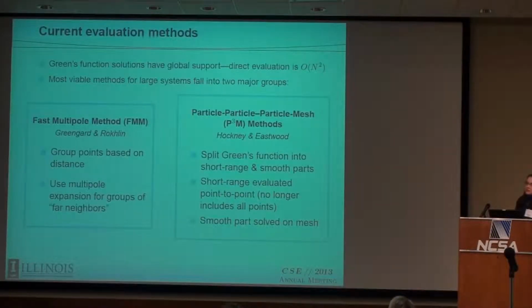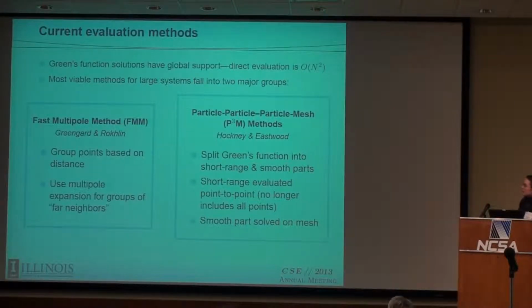Green's functions have global support, so to get the solution at one point in your domain, you need information from all the other points in the domain because of the very slow decay of the 1 over r type potential. So a lot of the current codes in these areas fall into two major groups of scalable methods, to avoid the n squared cost of a direct evaluation.